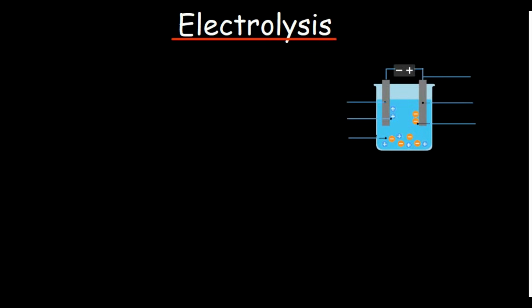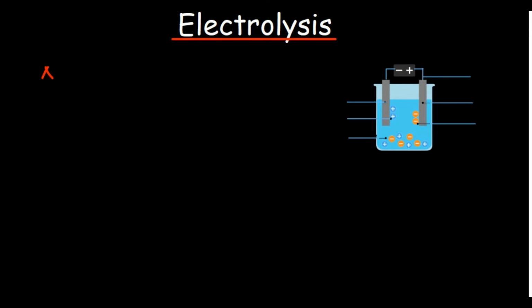We've been discussing galvanic cells, so let's now talk about electrolysis. Basically, we can think of electrolysis as the process where an ionic compound decomposes into its elements by passing a DC current through it.